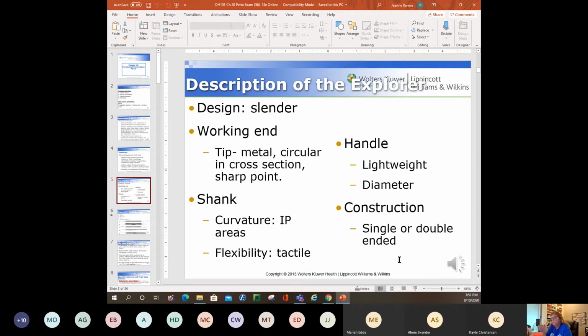It should be flexible. Flexibility means that if you hold it lightly, you have a tactile sense. You can feel calculus and roughness through the instrument to your fingers. It should be lightweight and large diameter like you guys have. And they have single-ended or double-ended explorers.